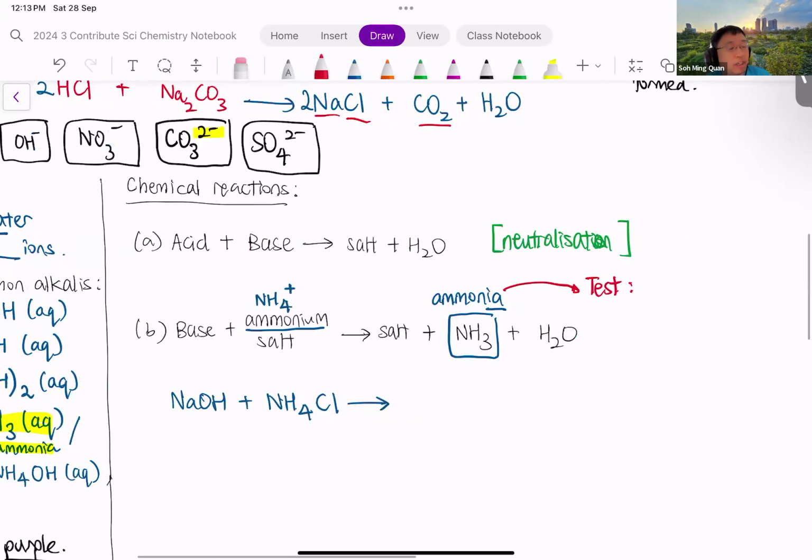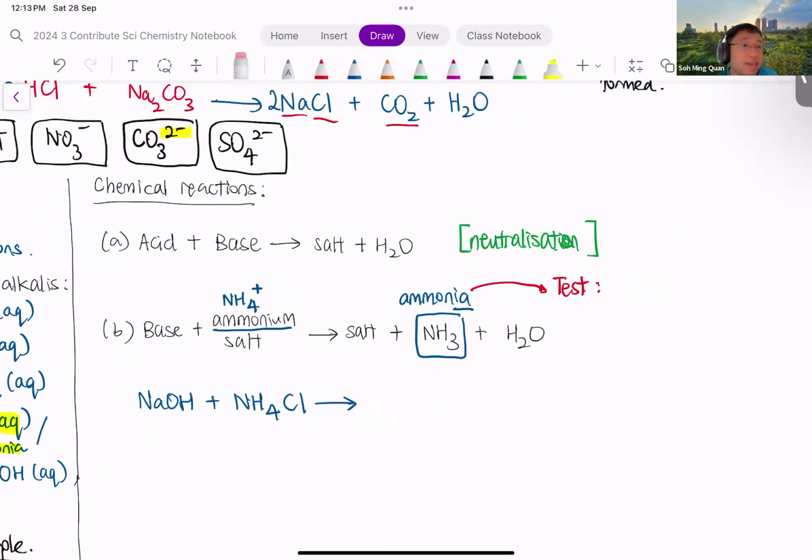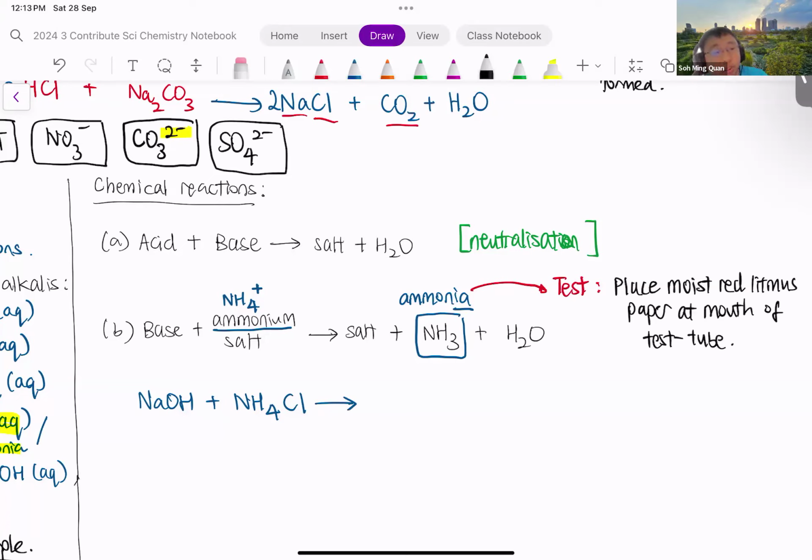Just now you saw, ammonia is an example of an alkali. If it's an alkali, it's good to test with it using litmus paper. So place moist red litmus paper, usually in a boiling tube or test tube, at the mouth of the test tube. This means that we do not put the litmus paper into the test tube.